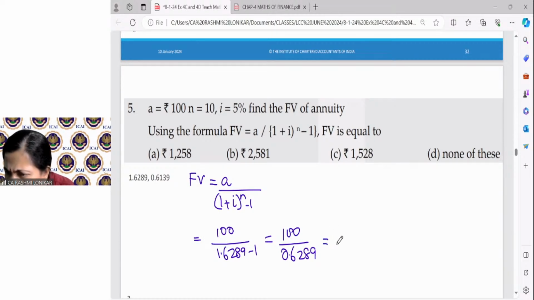what formula have they given? I think there is some printing mistake. This is not the formula, no?